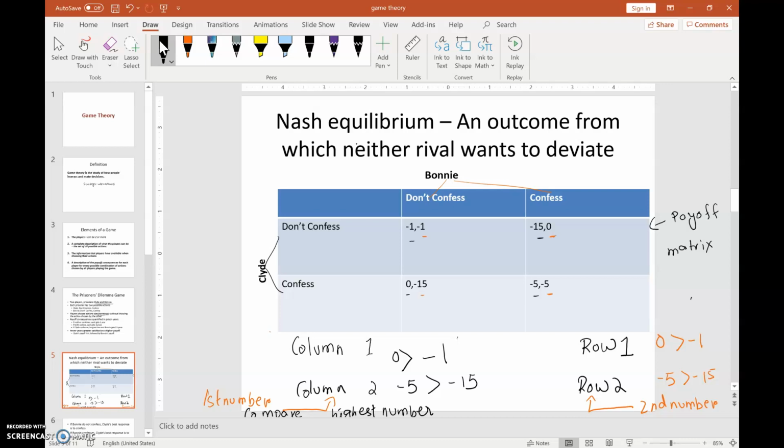Now if I look at column 2, where Bonnie chooses to confess, and Clyde has a choice between not confess and confess, Clyde will choose to confess over not confess. So choosing confess over not confess, no matter what Bonnie is doing, makes confess the dominant strategy for Clyde.